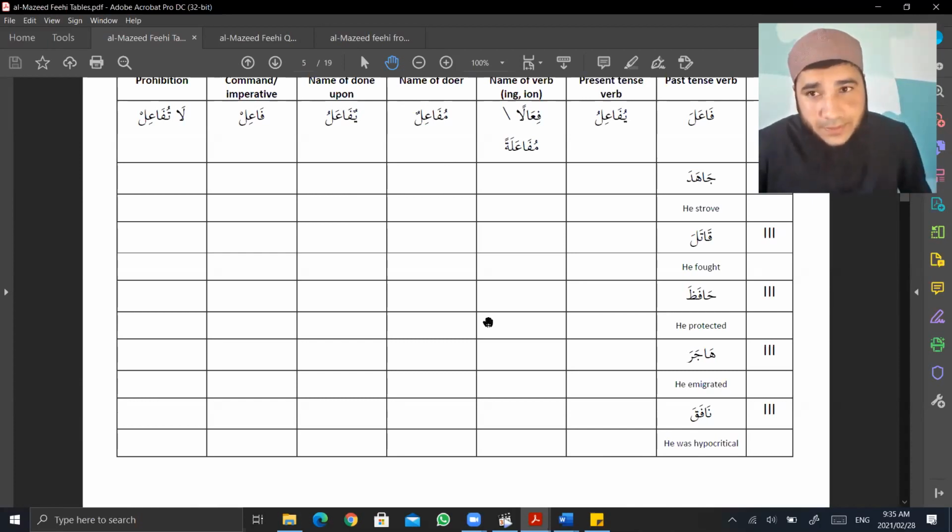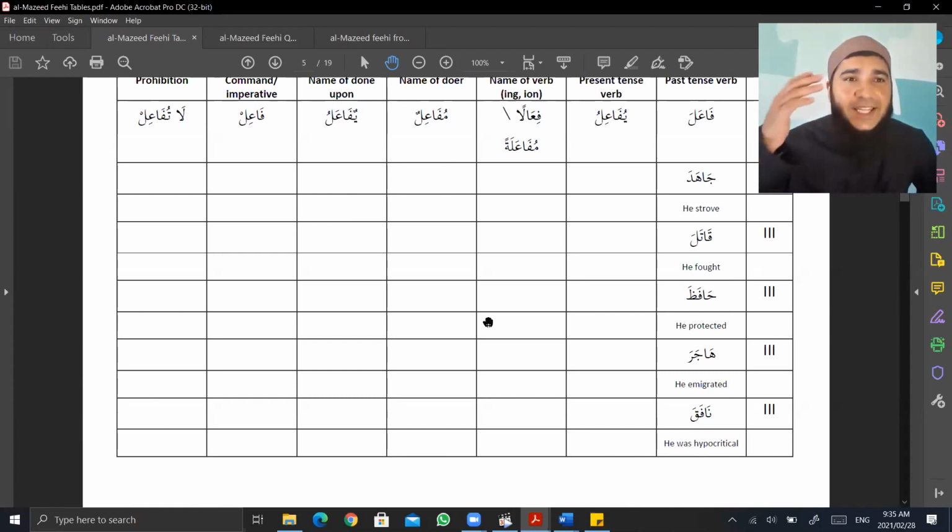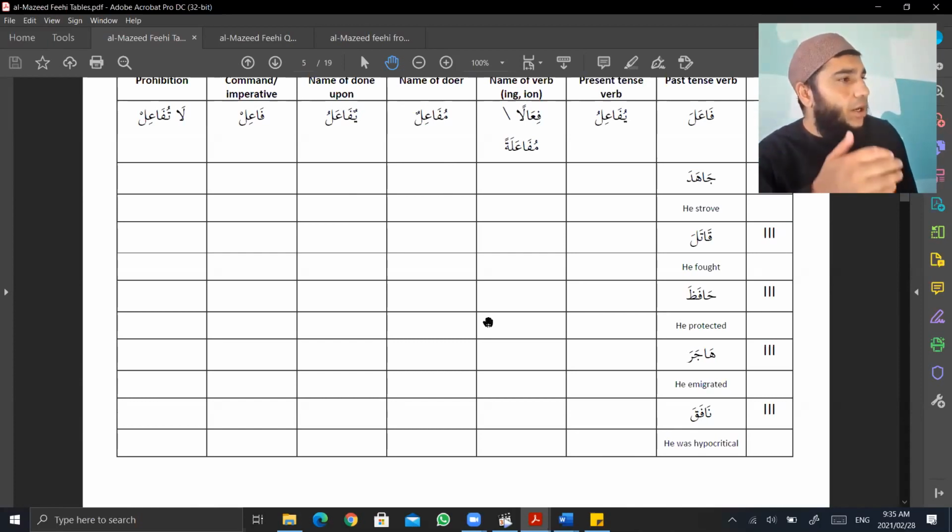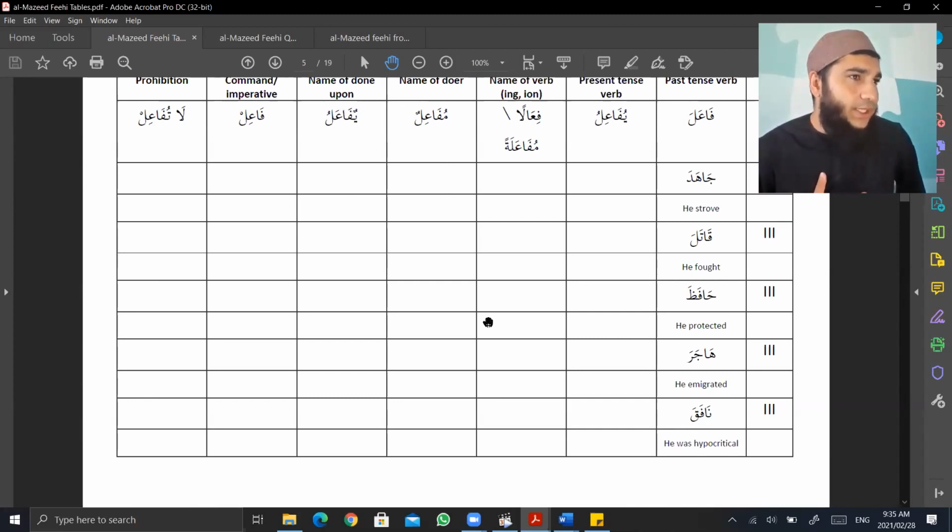No, look, that's the understanding that's conveyed. I mean, that will simply translate to they fought. But the understanding is two people. If I say qatalahu, that means he killed him. There's only one active person over there. There's the one doing the killing, and there's the other one that's doing nothing. He's just being killed.